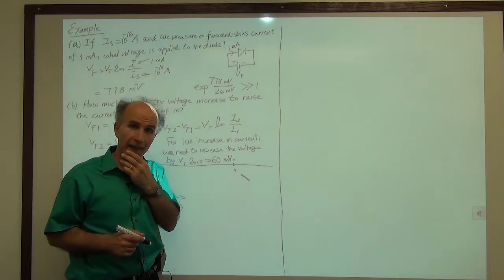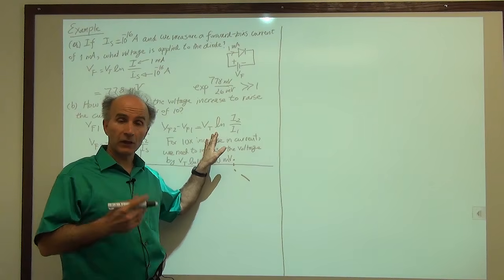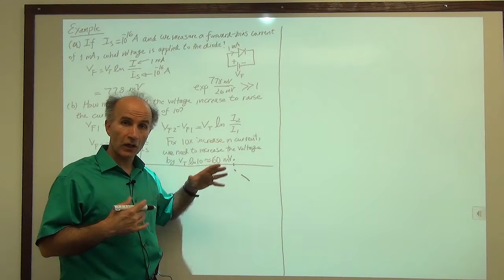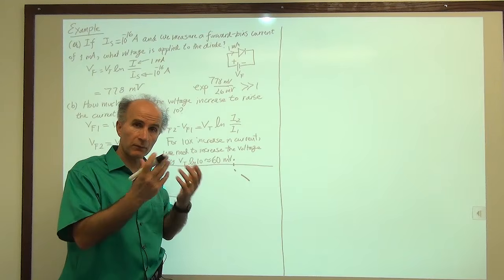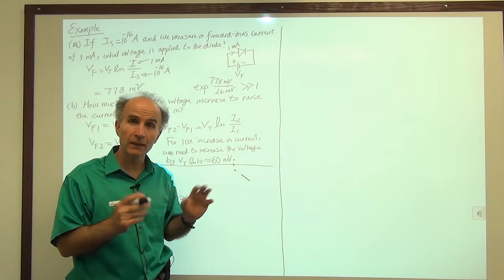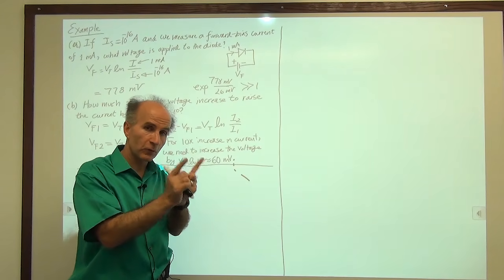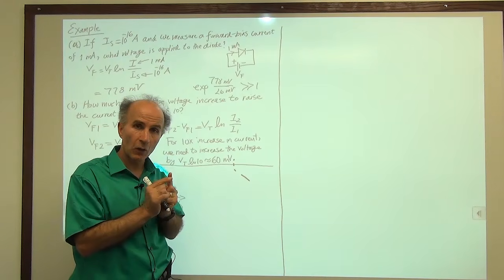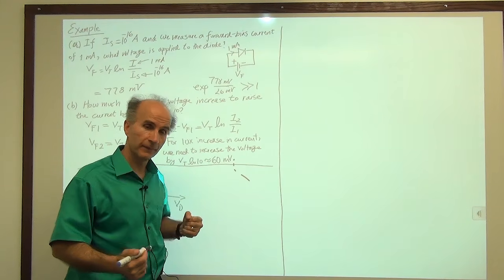So we say that because the currents that I'm dealing with are not so divergent, they're different from each other by a factor of maybe 4, 5, 10, then I can say that the voltage across forward bias diodes is always approximately 700 to 800 millivolts.